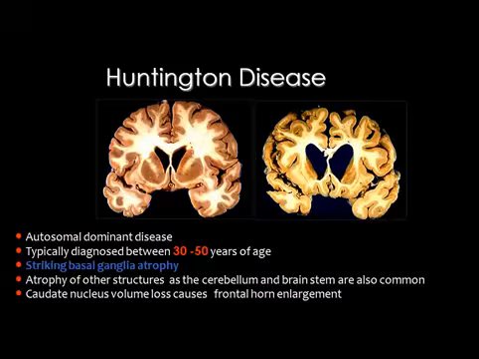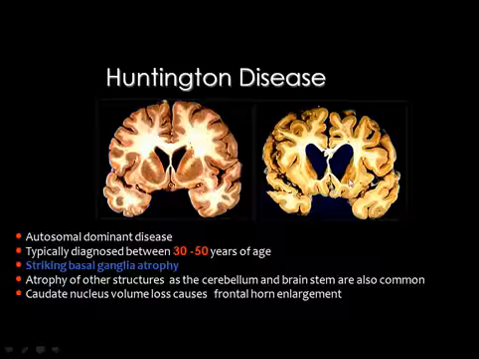Then we came to Huntington disease, and this is an autosomal dominant disease, and it typically presents by the age of 30 to 50 years. And the main imaging finding is the severe atrophic changes of the basal ganglia, especially the caudate nuclei. And this is the appearance of the basal ganglia in a normal brain sample.